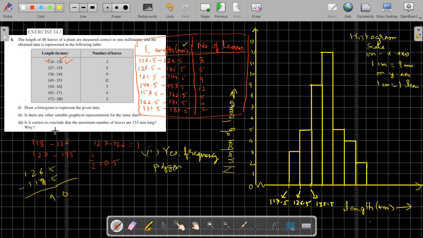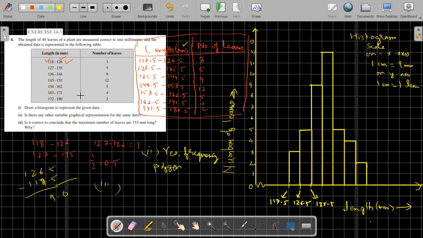And is it correct to conclude that the maximum number of leaves are 153 millimeter long? No, it is not a correct statement. Because we cannot say that 12 leaves are between 144.5 and 153.5 millimeter, but we cannot say in between how many leaves are there having 153.